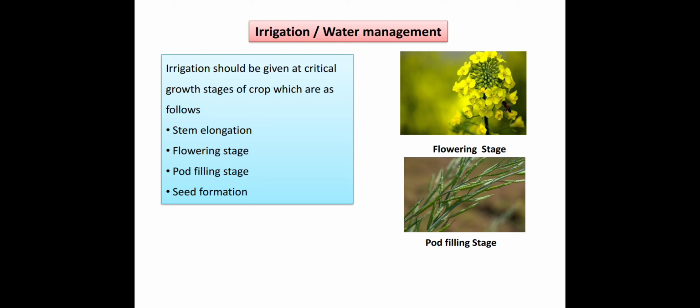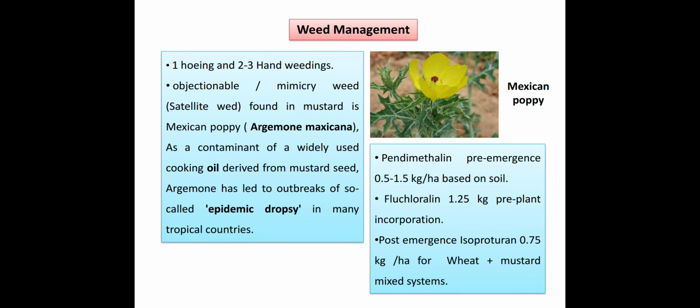Then for irrigation and water management, the critical growth stages when the water requirement is high include stem elongation, flowering stage, pod filling stage, and seed formation stage.